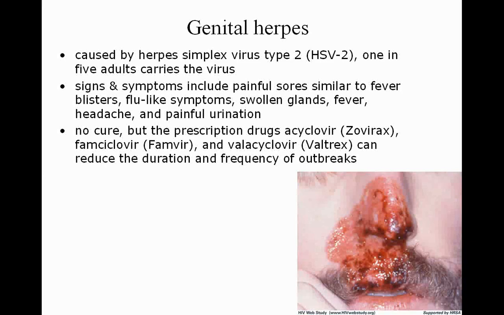They may have swollen glands, fever, headache, flu-like symptoms, but the symptoms will go away for a while and then recur later. Again, major perinatal complications may occur. If a woman is known to have genital herpes, then the baby should be delivered by C-section to avoid infection as the baby moves through the birth canal.